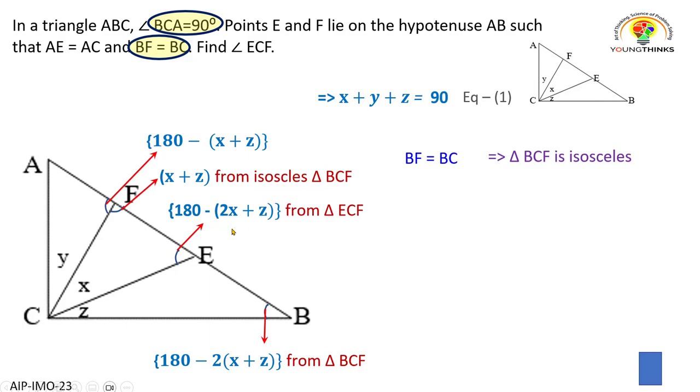Now we need to find the value of angle BAC. From the triangle ACF, from 180, if I subtract y and also subtract 180 minus x plus z, I'm going to get this value to be x plus z minus y.